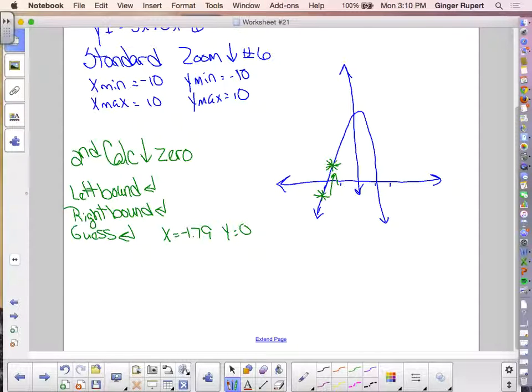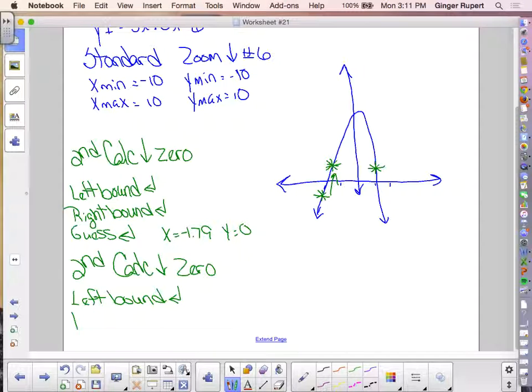Then you'll do that again. Second calc, arrow down to the one that says 0. I believe it's number 2. It will ask you for a left bound. You want to be this time above the x-axis because that's the leftmost point as it's crossing the axis. You'll hit enter.